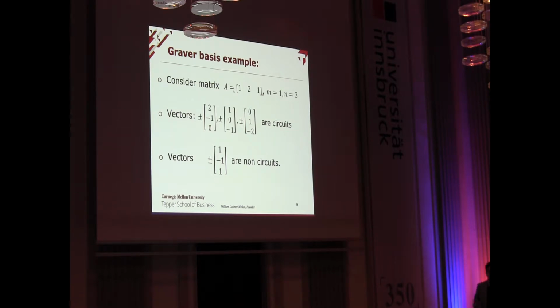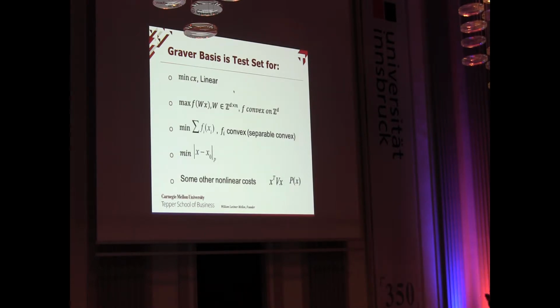If you check all of these, you can see that either they are in different orthants, or if they are in the same orthant, they are not conformal minimal to each other. So, Graver in 1975 proved that this basis can optimize linear integer programming systems, meaning f of x is c times x, Ax equal to b.